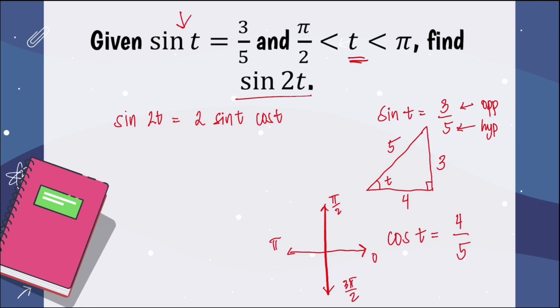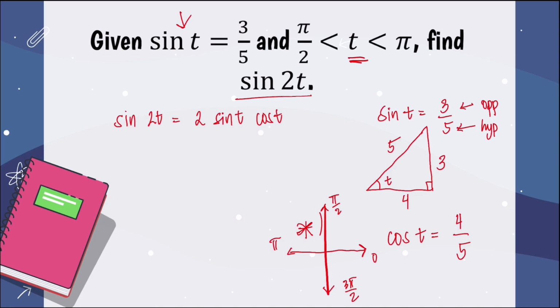If it's greater than pi over 2, that means it should not be in the first quadrant. So it should be somewhere here. Now, it's less than pi, so that means it should not be higher than 180. So that means our angle is at this place, or second quadrant.